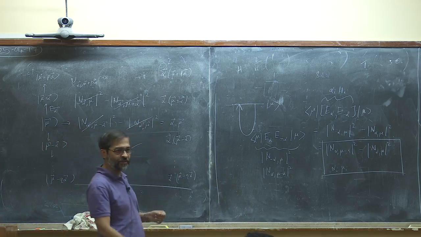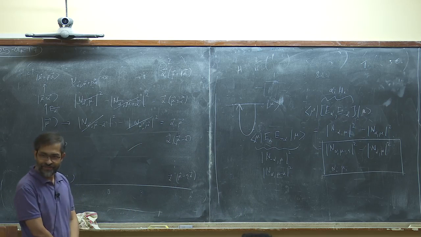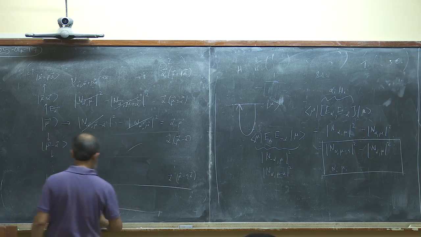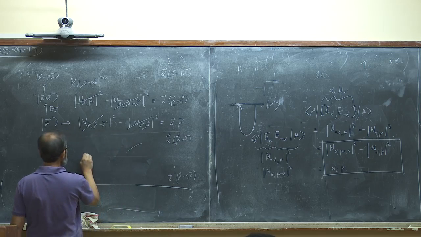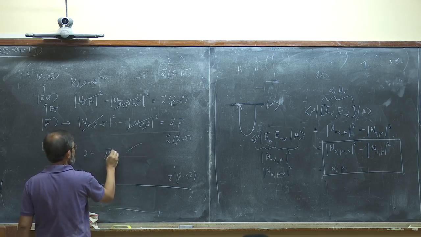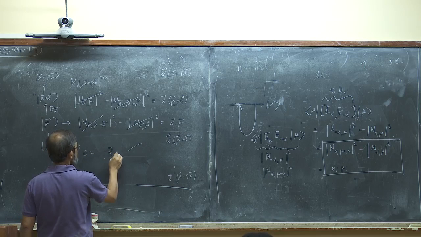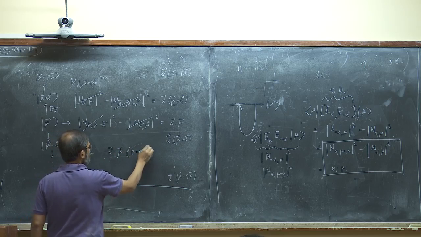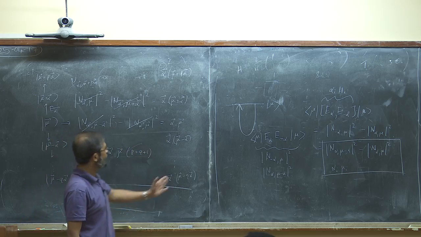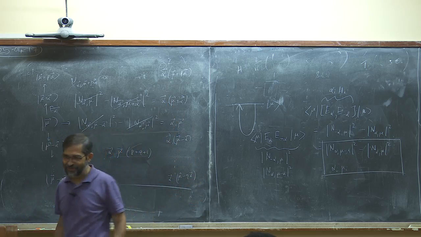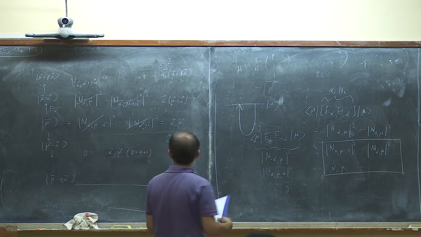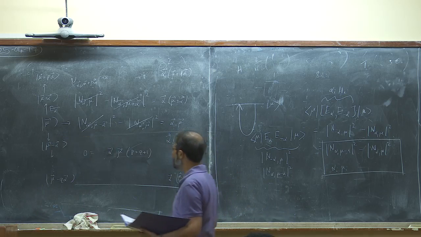So how many alpha dot mu terms are there? p plus q plus 1. So you get 0 is equal to alpha dot mu into p plus q plus 1, and here there is a sum over some arithmetic progression which you can do, and those are all proportional to alpha square.